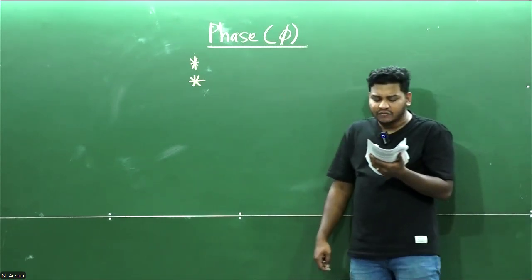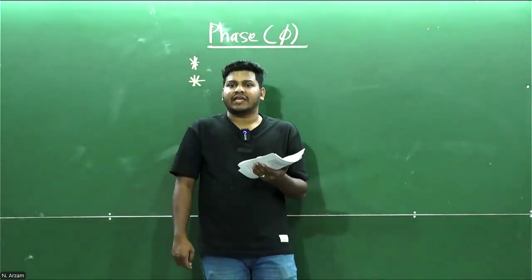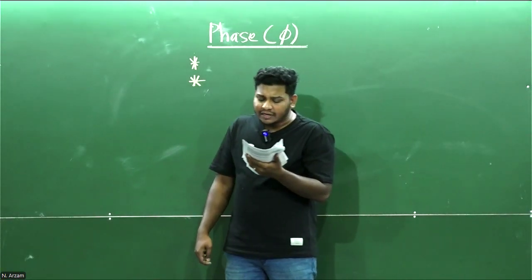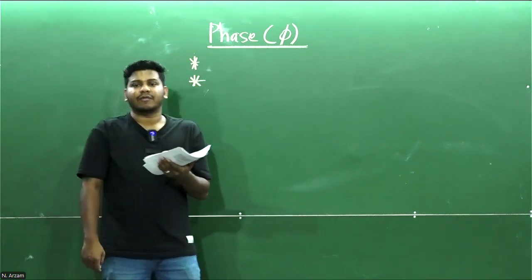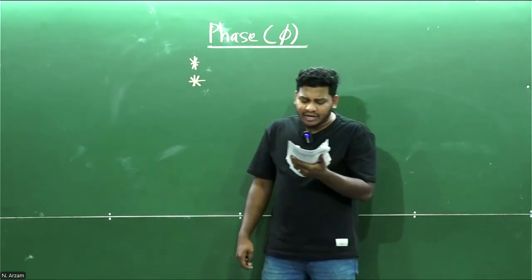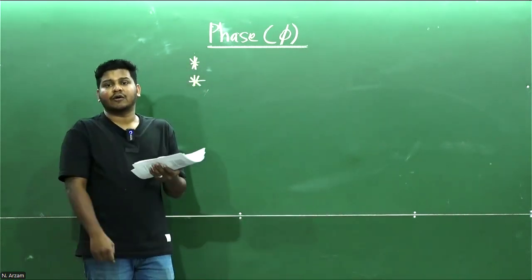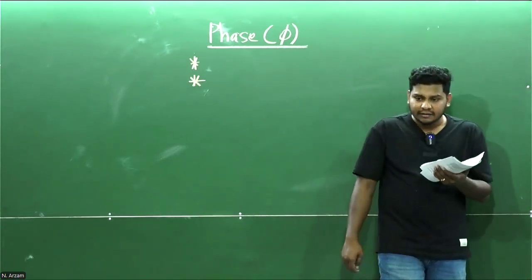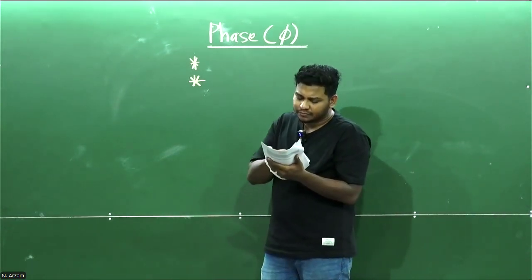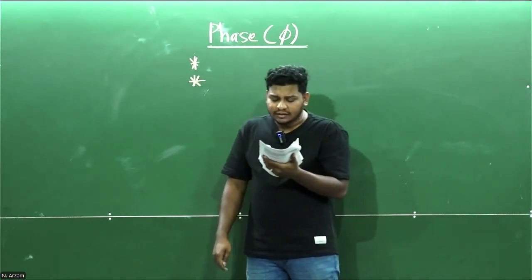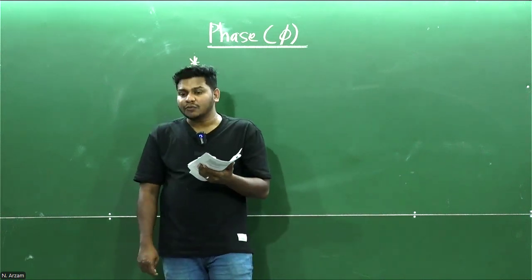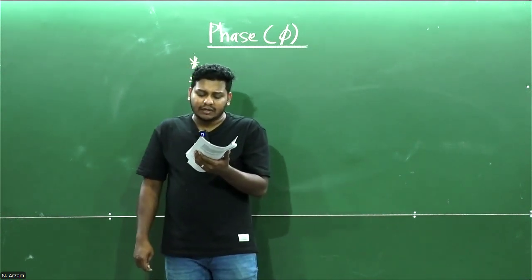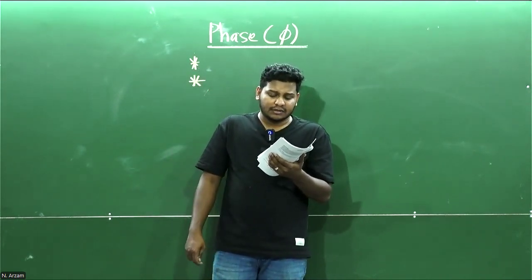We calculate the distance of the particle from the mean position during simple harmonic motion, and convert it into the angular term that is known as the phase of simple harmonic motion.